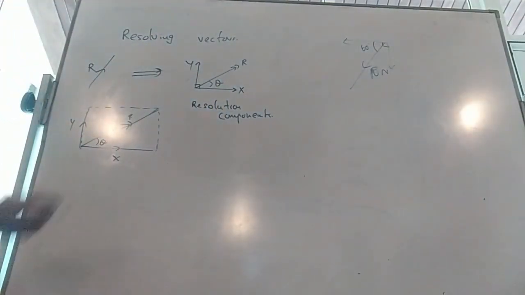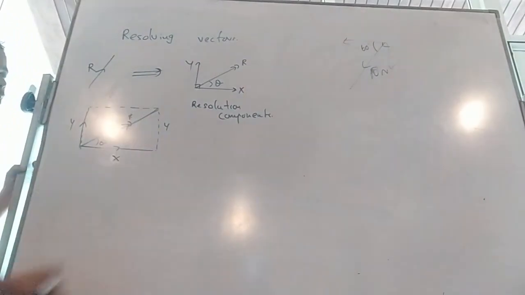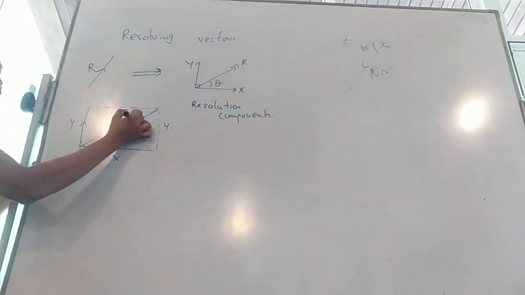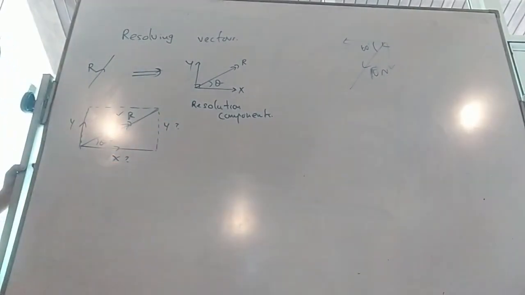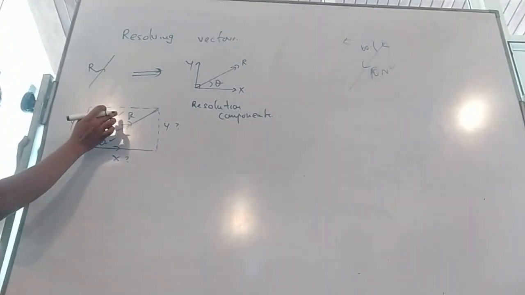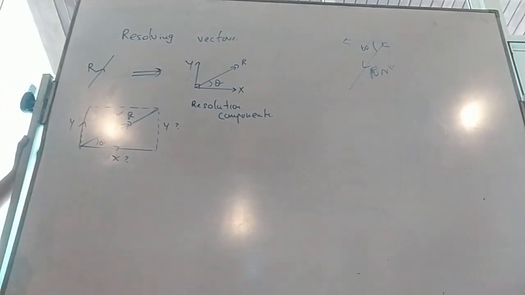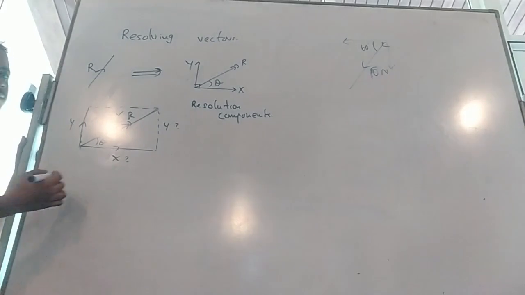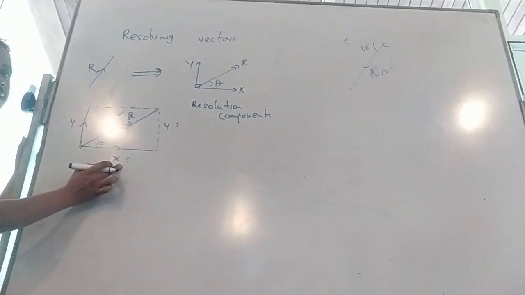So we know this is y, this is also y, it's like the triangle. Now I know this angle, and I have to find x and y. What is the connection between r, theta and x? This is the hypotenuse, this is adjacent.